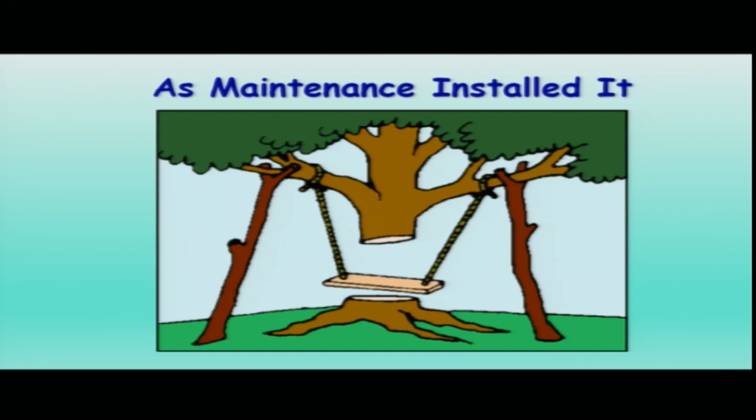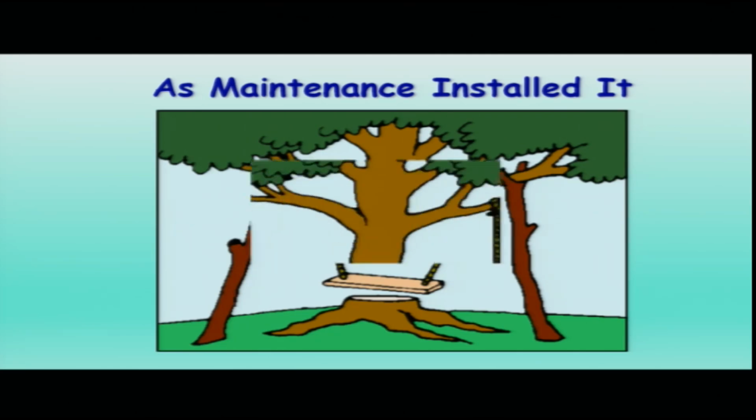So they put some support for the tree. That is the job of maintenance, and then some kind of movement for the swing is possible, but where will the person sit? And that is the way communication flow happens, and this is how miscommunication takes place.